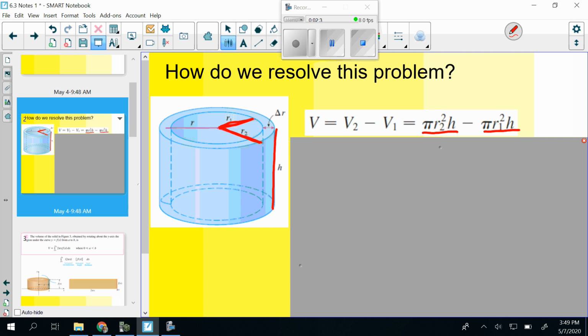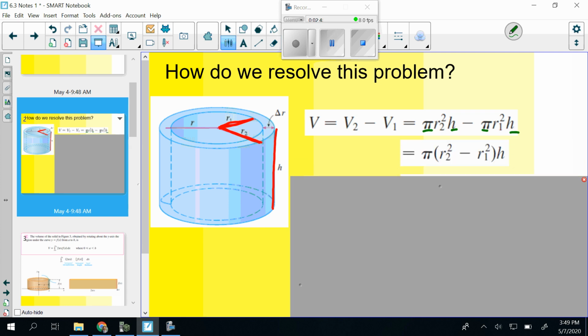Well, we're going to do some math with this to come up with something new. First, because we have both pi and h here, we're going to factor that out. If we factor out the pi and the h, we would be left with r2 squared minus r1 squared.